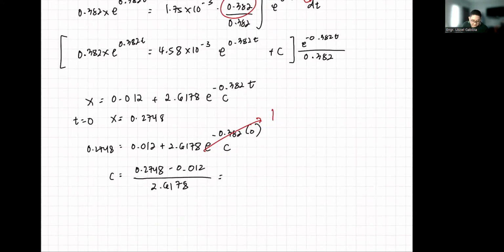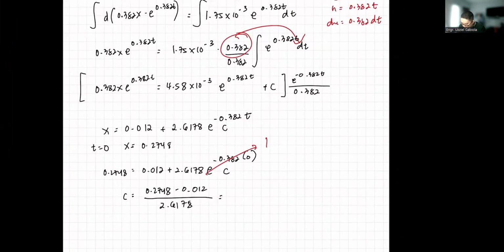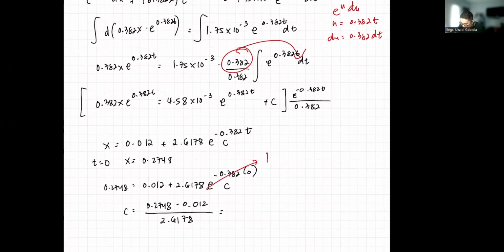Ano yung nakukuha niyong value? Okay, so correct naman ano?